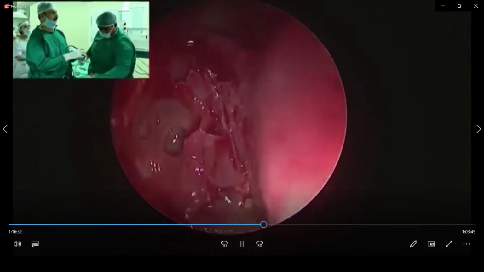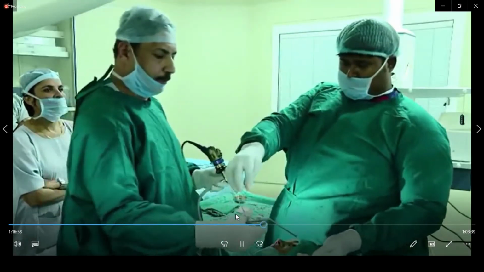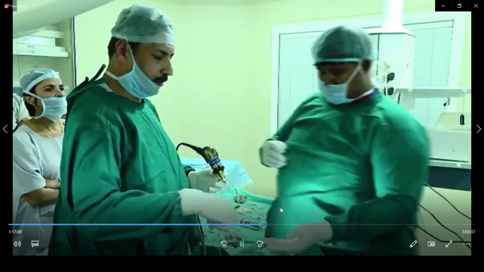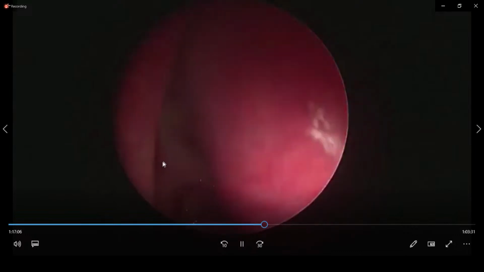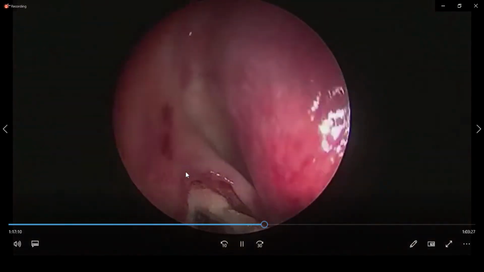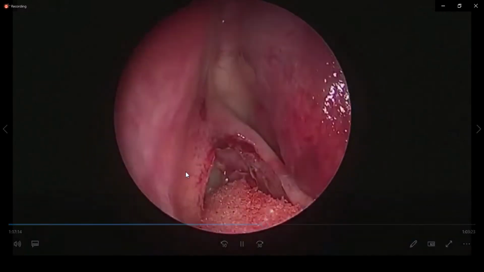See this up. The bulla is lower down, and with this 70 degree, you can see the structures above the bulla, the beak and the structures underneath the beak. All these are very, very important to see with the 70 degree. The 70 degree will give you a panoramic view of this region. Why do we want to keep the bulla intact?